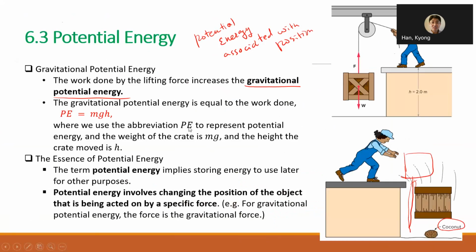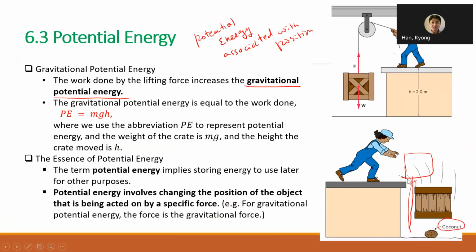We use the abbreviation U to represent the potential energy, and the weight of the crate is mg, and the height the crate moved is h. So mgh is the potential energy. The essence of potential energy: the term implies storing energy to use later for other purposes.